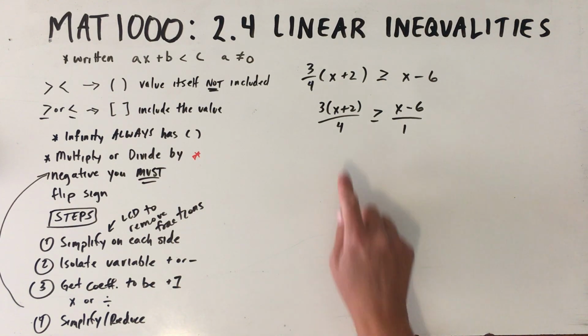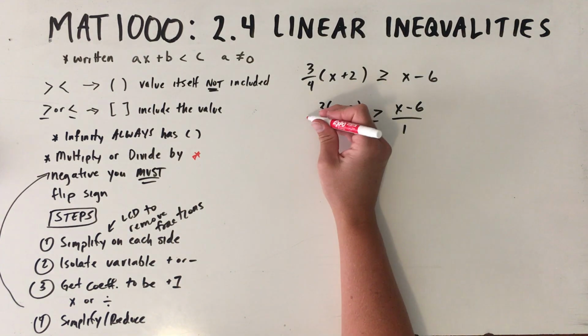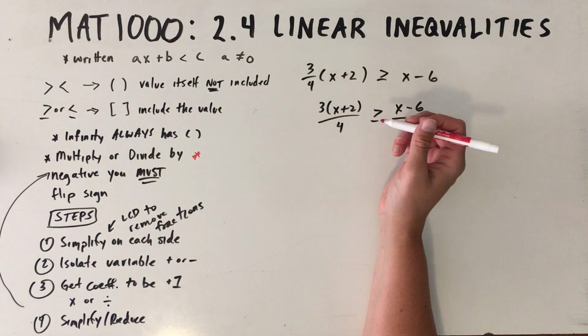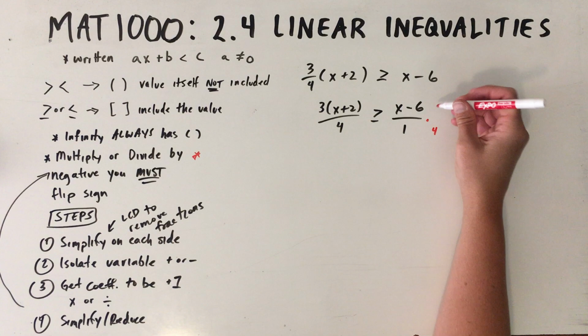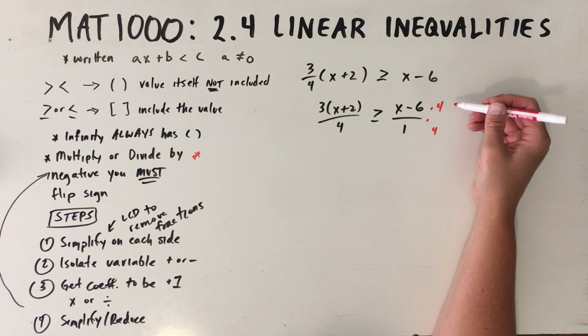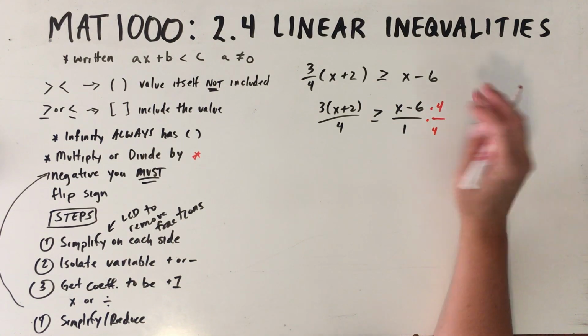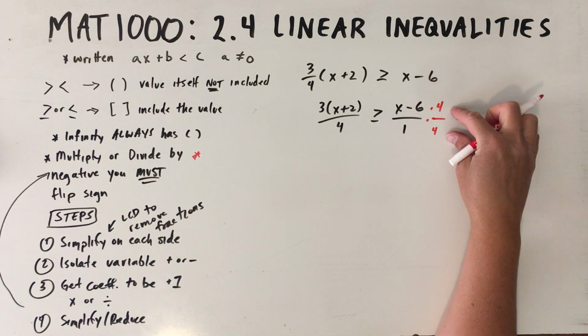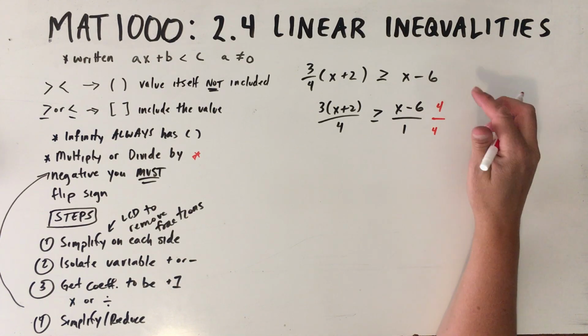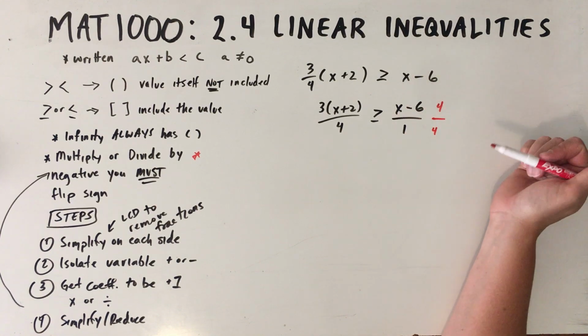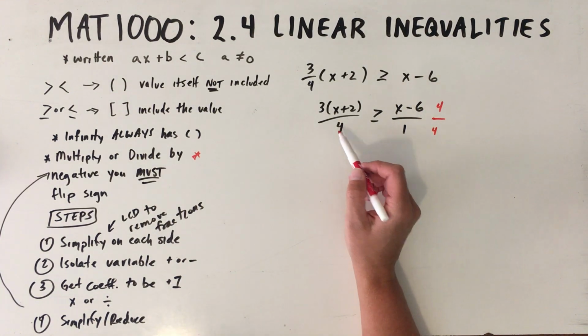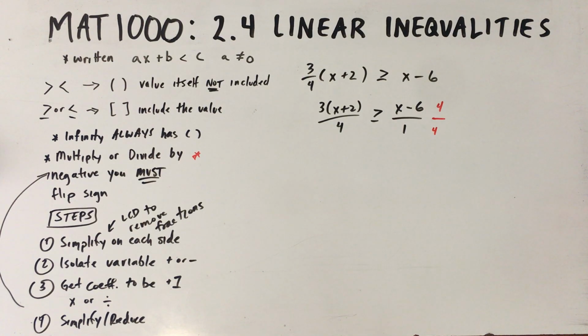So what I want to do is I want to get rid of this 4. That means I'm going to multiply both sides by 4. Or I'm going to build this fraction up, so I'm going to multiply this by 4. Because I'm multiplying both the top and the bottom on one side by 4/4, it's the same thing as multiplying this side of the equation by 1, which isn't changing it. This one already has a 4, so we don't need it.